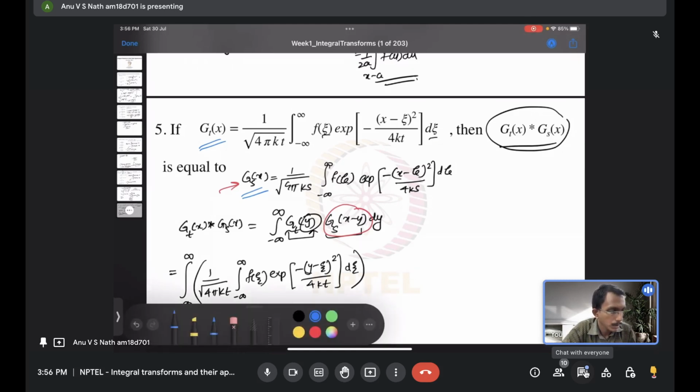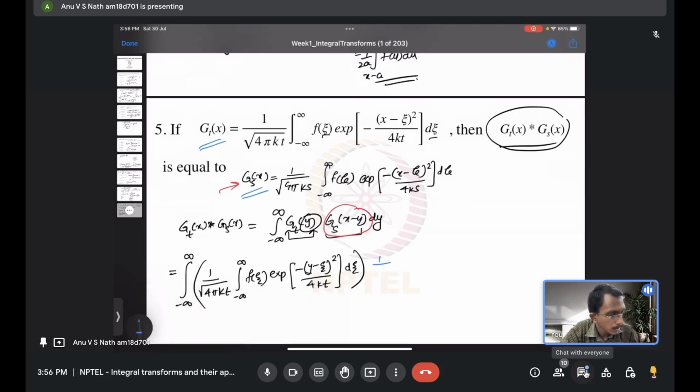Probably we will use a different color for that. So it's 1 by square root of 4 pi k s, into integral from minus infinity to plus infinity of f of zeta, exponential of minus, now wherever we have x, we replace it with x minus y, so (x minus y minus zeta) squared by 4ks, d zeta.